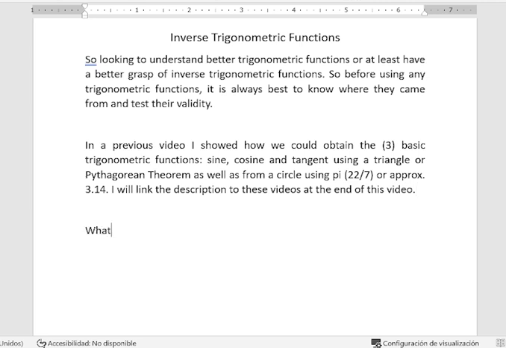So, what are the inverse trigonometric functions? Well, those are the following.